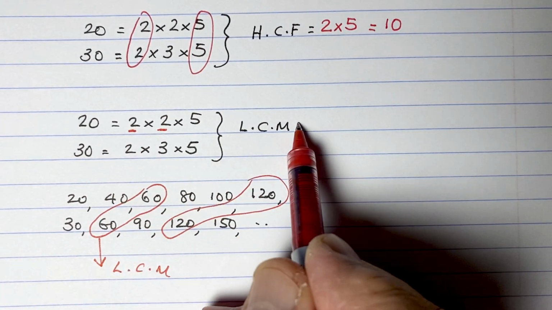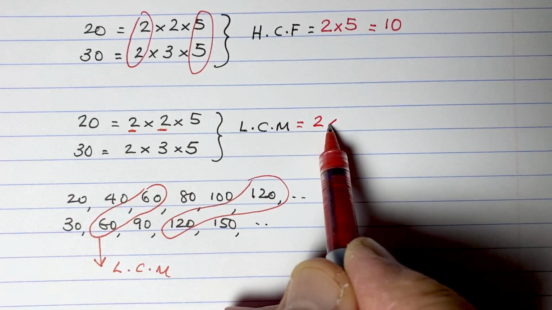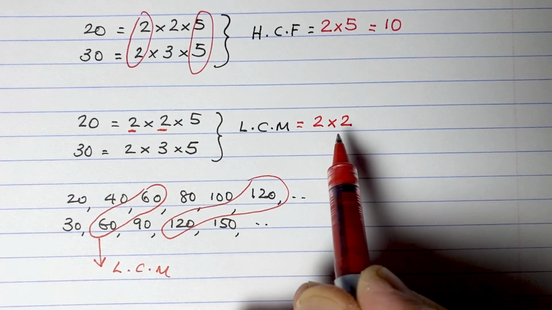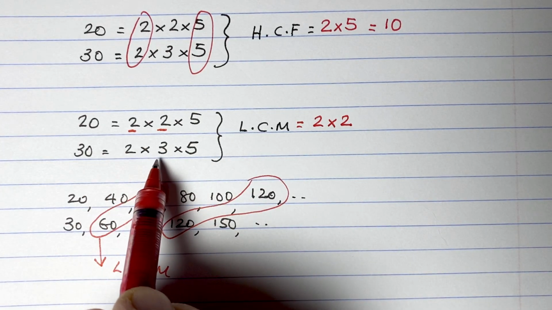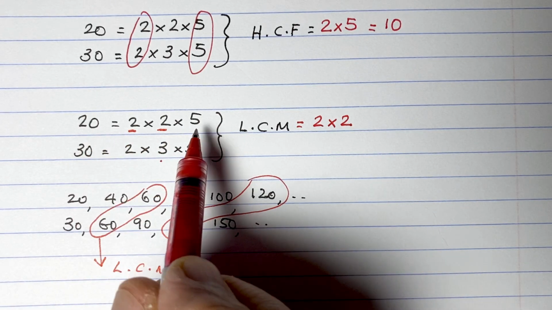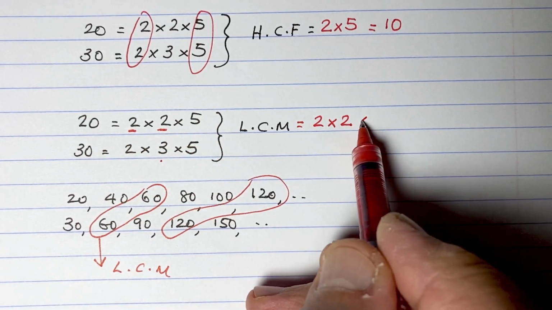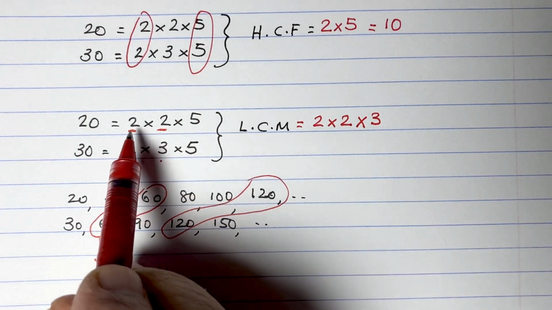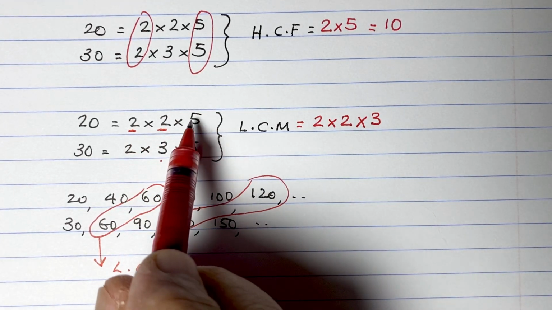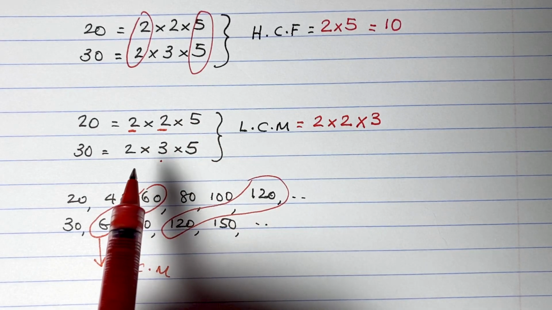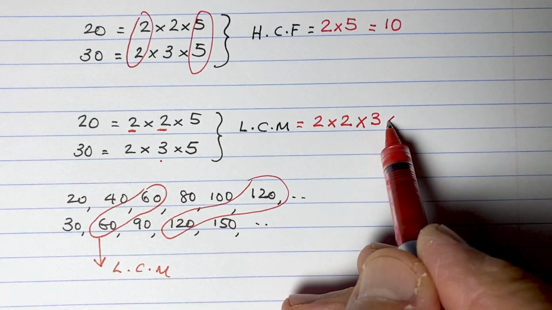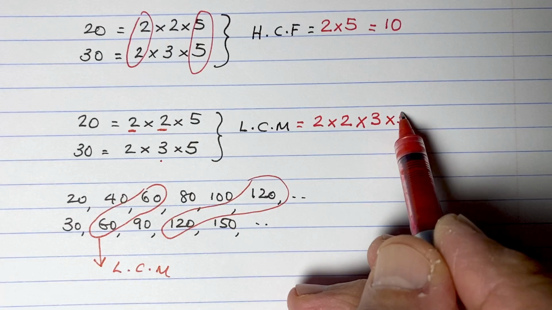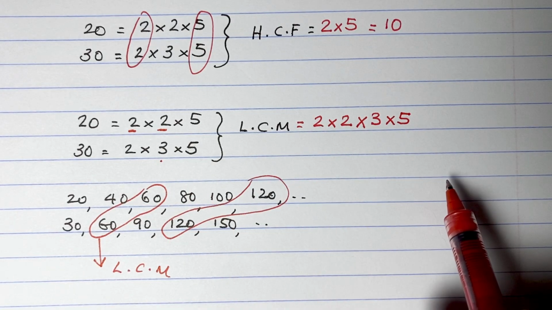So I will be using two 2s. Then the other digit is 3. There's one 3 here and no 3 there. So one 3 is the maximum number of 3s. The next digit is 5. One 5 here, one 5 here. So the maximum number of 5s is just one 5. No line can offer more than one 5.